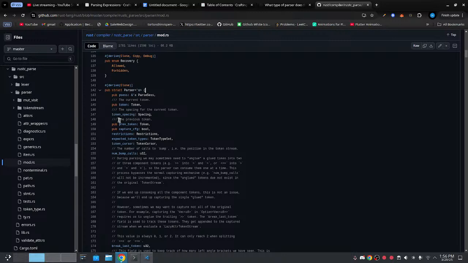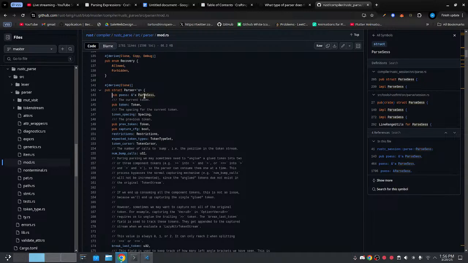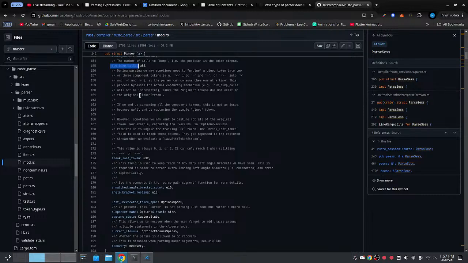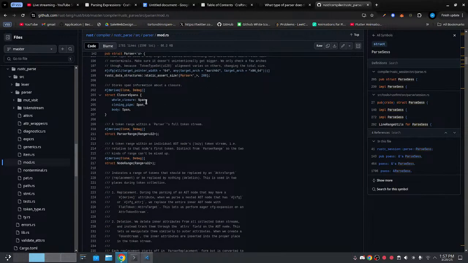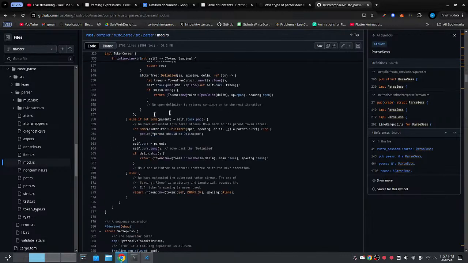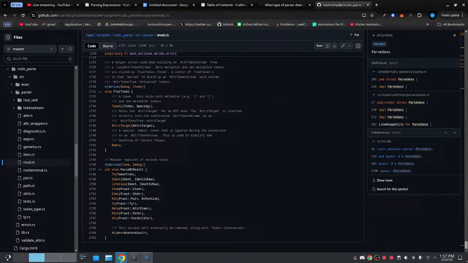This also takes the previous token into account along with the current token. And this is a parse session. This would, I guess, contain all the context about this parse session. I need to look into it. What this contains also: restrictions, token types, token cursor, num calls.